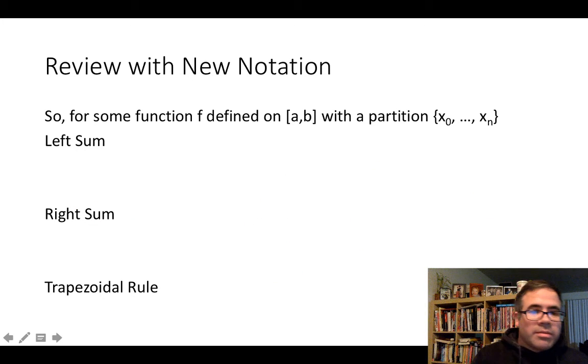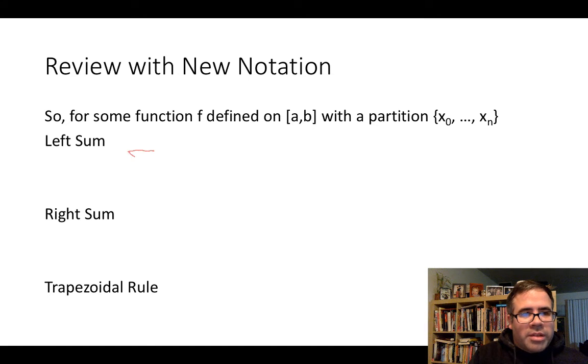All right, so we're going to do some review with our new notation. If we have some function f defined on the interval from a to b with a given partition, how would we write the left sum with summation notation?